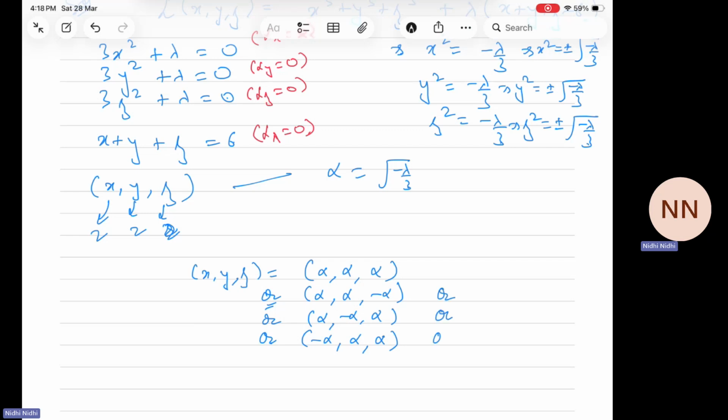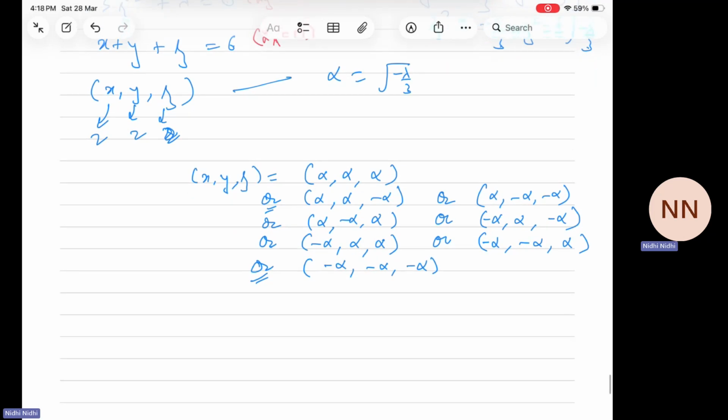Then we have the possibility when two of them are negative: alpha, minus alpha, minus alpha; minus alpha, alpha, minus alpha; and minus alpha, minus alpha, alpha. And the last possibility is that all of them are negative.